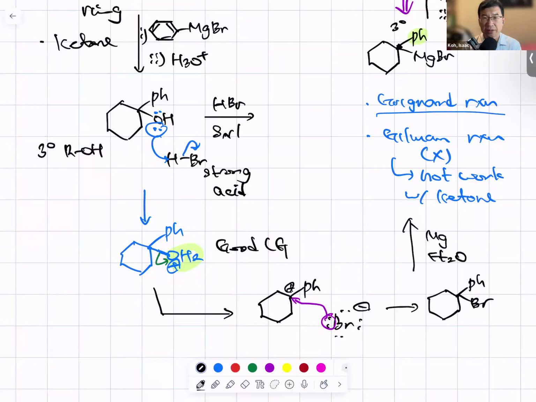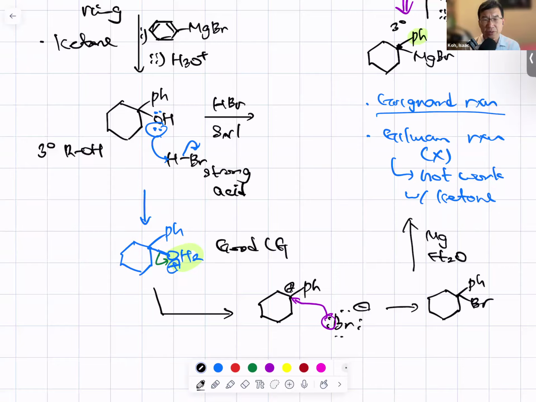We have two different methods. First, preparation of Grignard reagent, alkyl magnesium bromide, followed by reaction with dry ice and acidic workup. Second method is using cyanide ion, sodium cyanide or potassium cyanide, and followed by acidic condition, heating up for 1 hour, 2 hours.